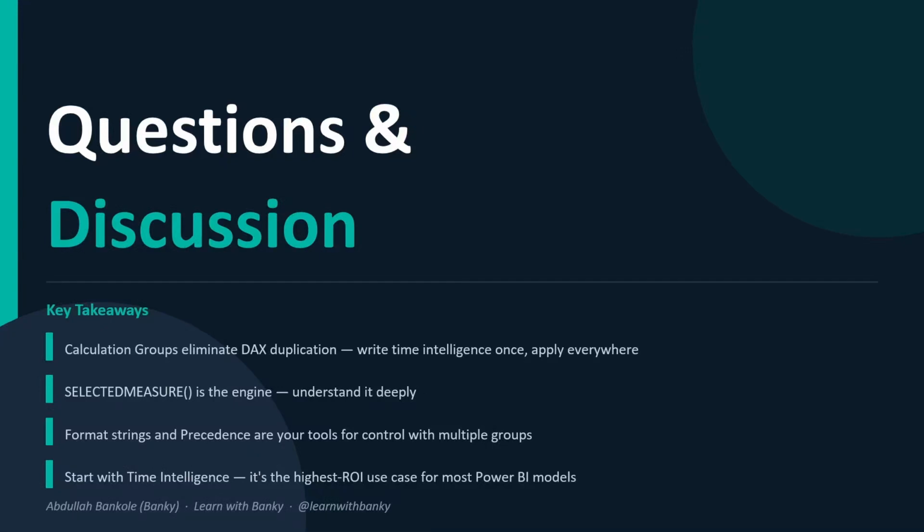You write your time intelligence once and you apply it everywhere. Also, selected measure is the engine, so understand it deeply. Also, make sure you format your strings, and your precedence are your tools for control, especially when you have multiple groups. And last but not the least, always start with time intelligence. It gives you the highest ROI use case for a Power BI model.